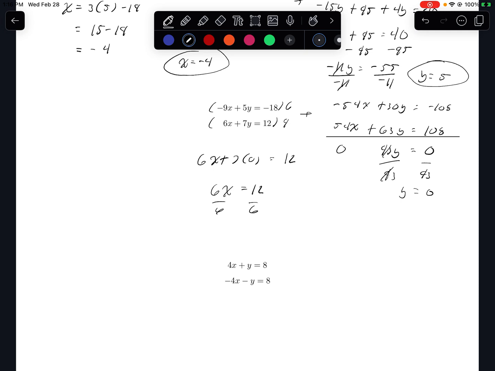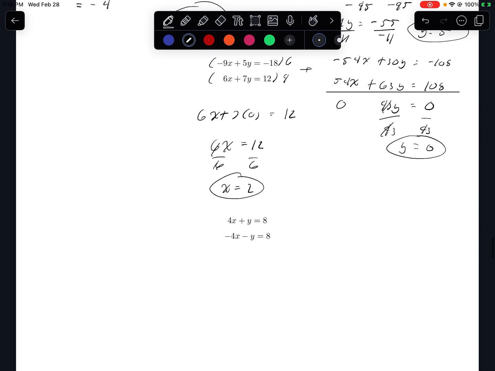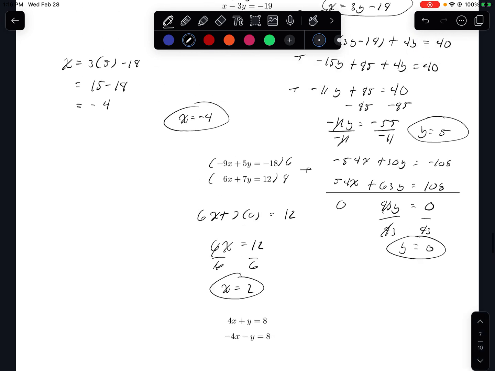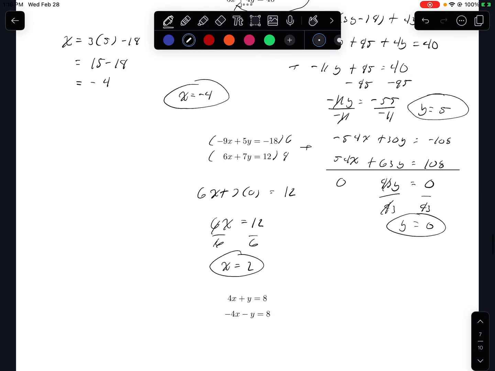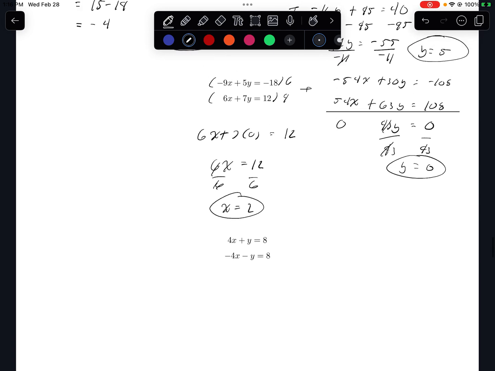Divide both sides by 6, and we get x is equal to 2. So we have x equals 2 and y equals 0. And you could solve for one of these and do a substitution if you'd like, but I think the easiest way here is to go about that in this way.